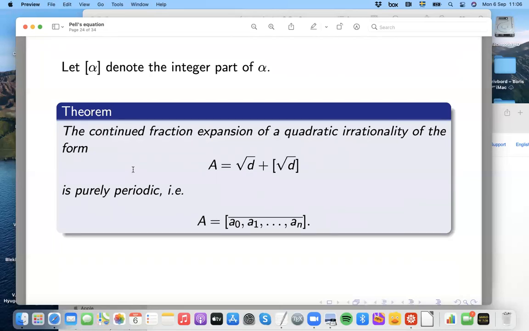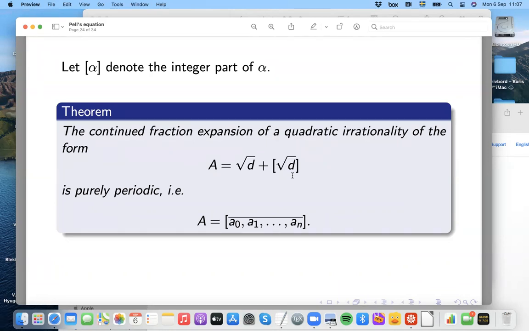The next result is that if we pick a positive integer d, and look at the number of the form the integer part of the square root of d plus the square root of d, this is an element of the ring Q of square root of D, or even more, of Z of square root of D. It's a non-negative integer plus the square root of D itself.